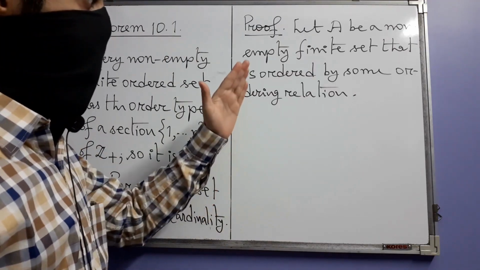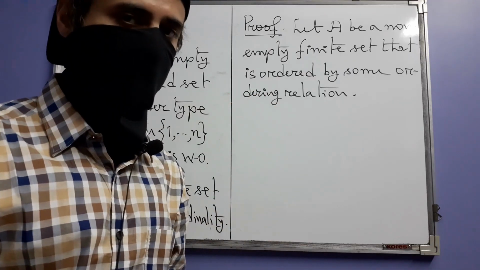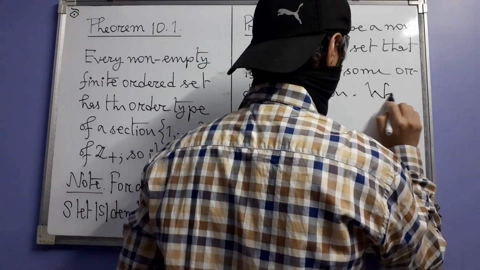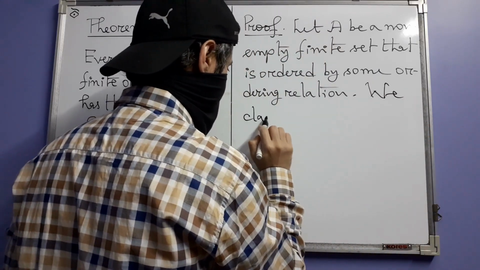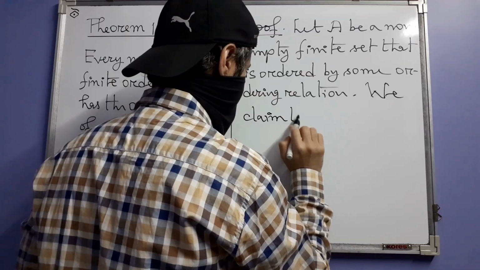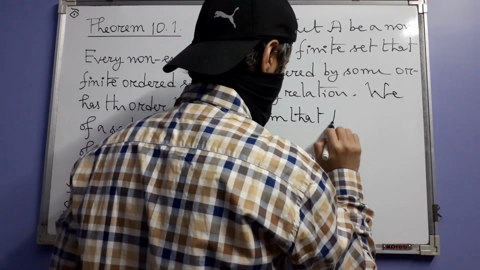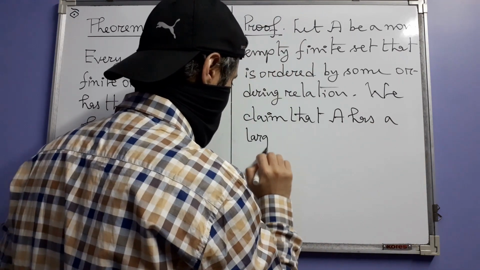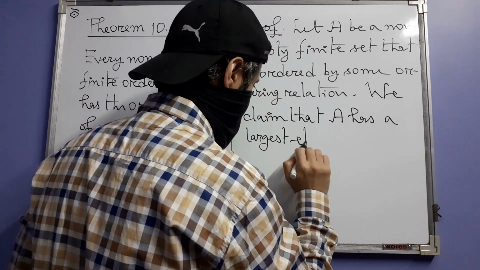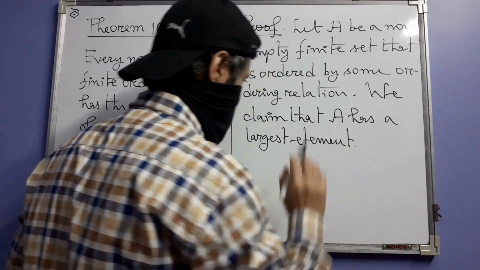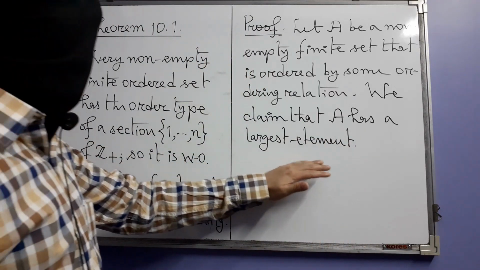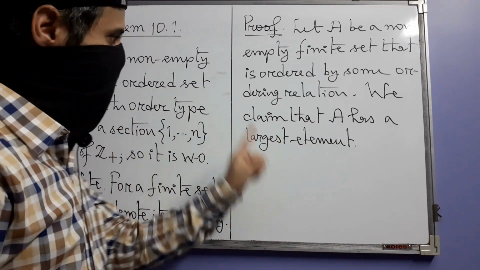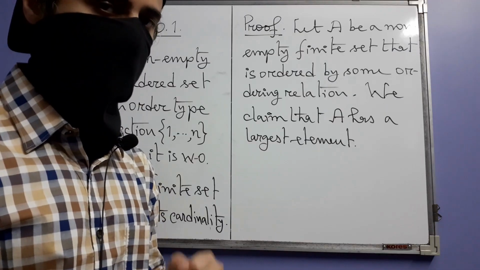We claim that A then has a maximum element, a largest element, and we are going to prove this claim by induction. Induction on what? Induction on the cardinality of A, the number of elements in A.